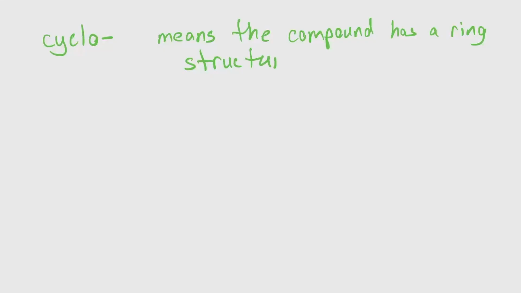And that ring structure is the carbon chain. So let's say that we've got 6 carbons, and it's all single bonds.